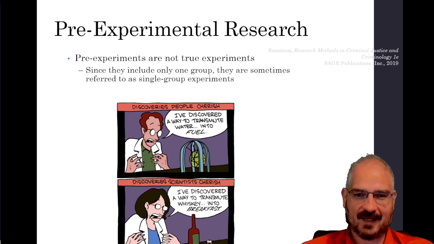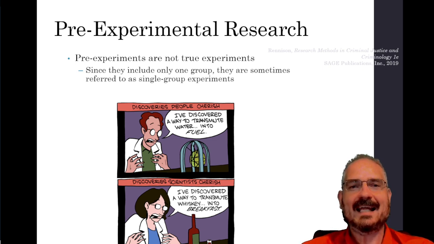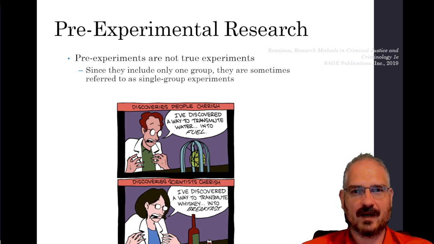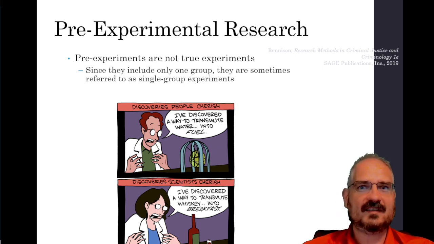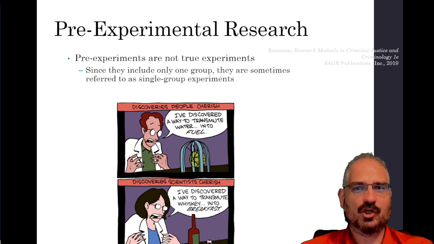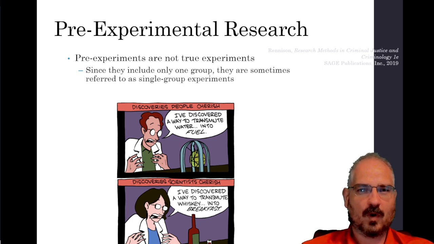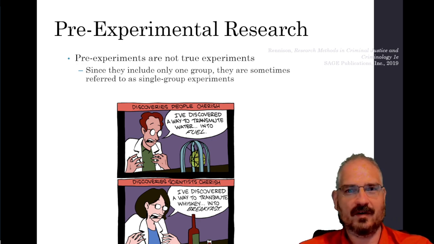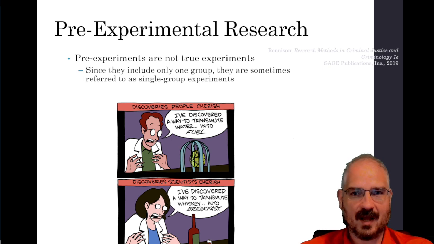And pre-experiments, the issue here is we can't have 2 groups for some reason, right? So maybe like climate science. We can't have 2 Earths, one of which we do something to the climate and the other of which we don't. That's physically impossible.